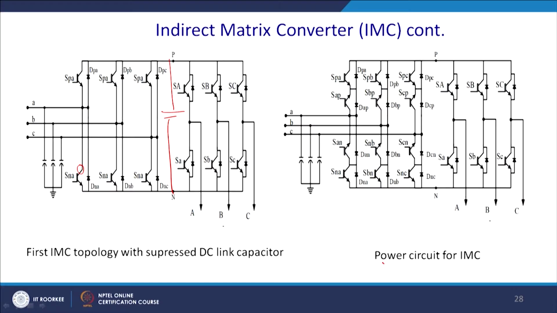So, this is the power circuit of the IMC. These are a few of the flexibilities in the case of the indirect matrix converter.